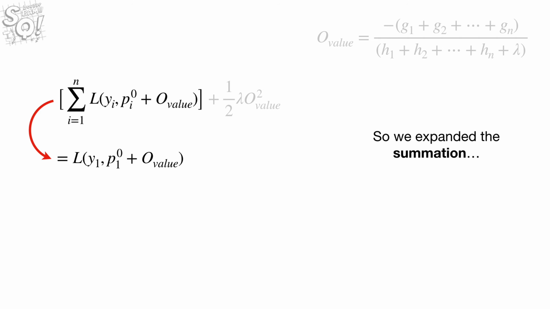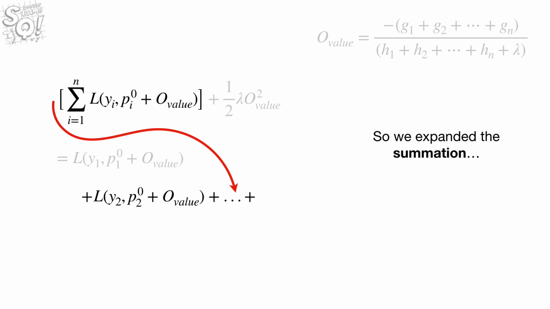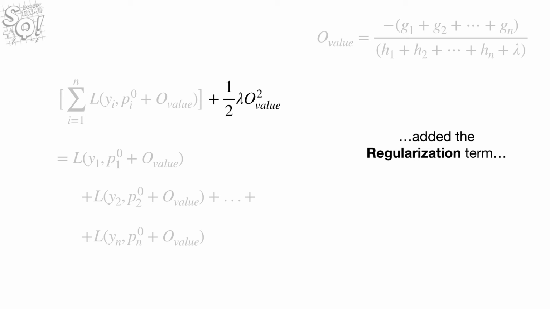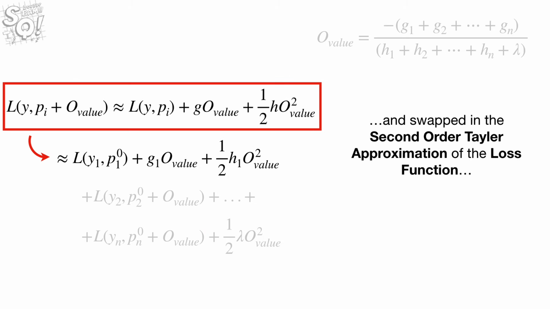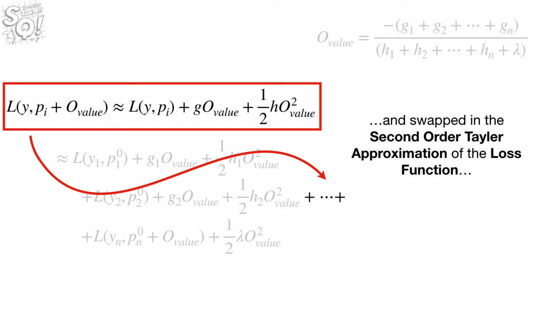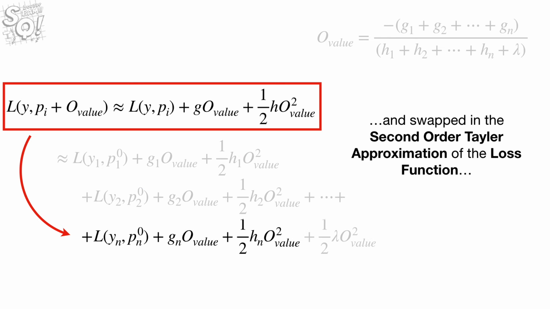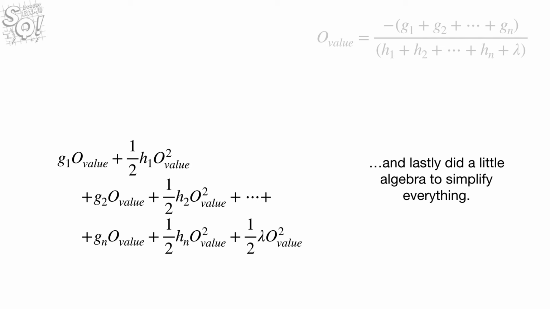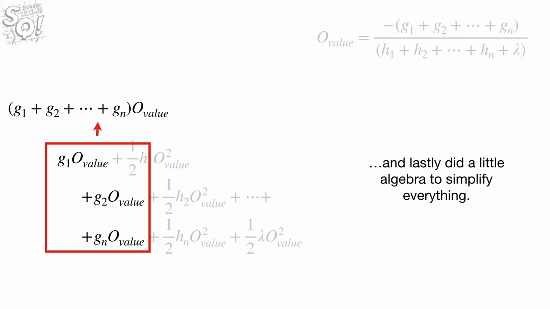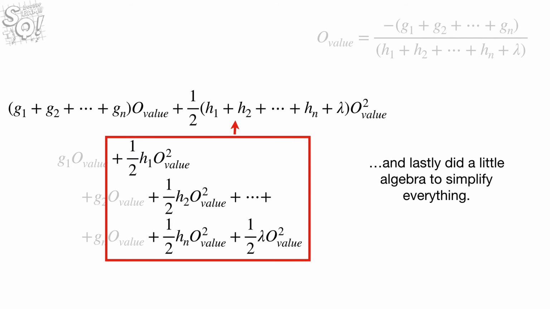So we expanded the summation, added the regularization term, and swapped in the second-order Taylor approximation of the loss function. Then removed the constant terms, and lastly, did a little algebra to simplify everything.